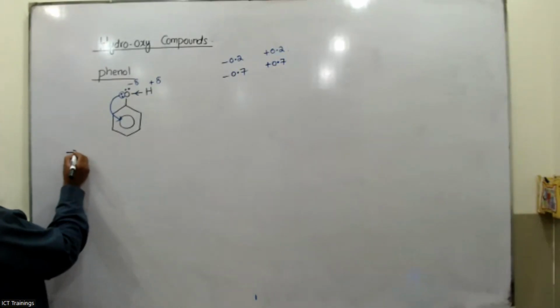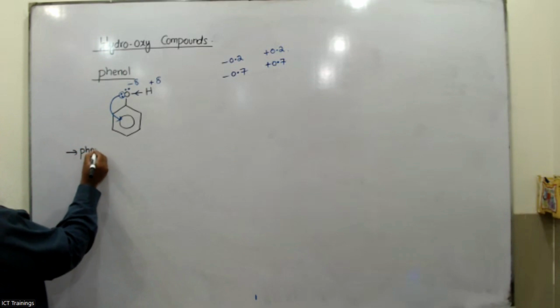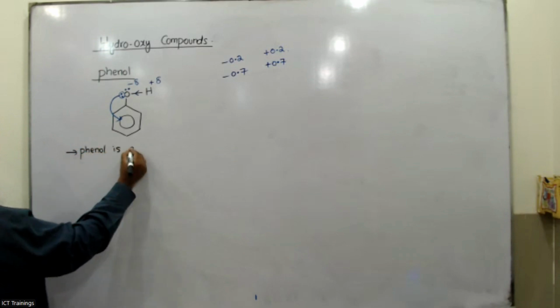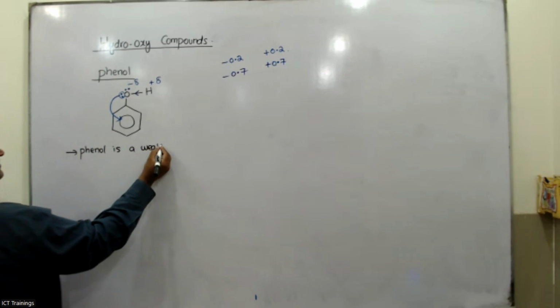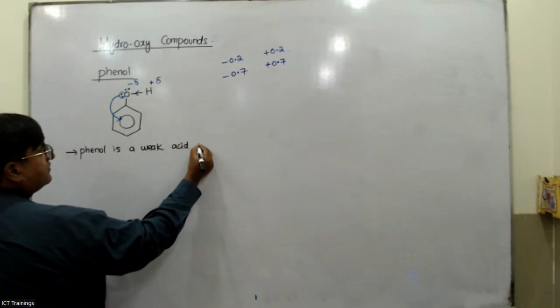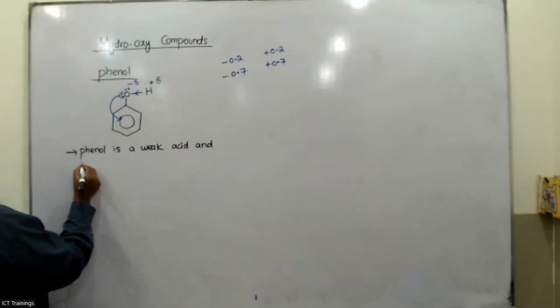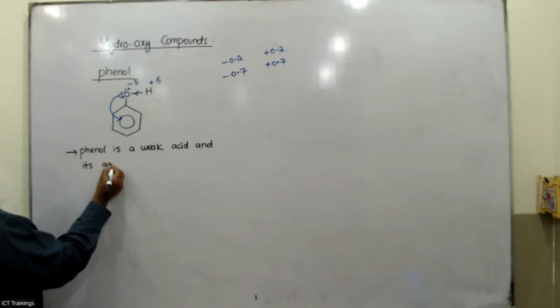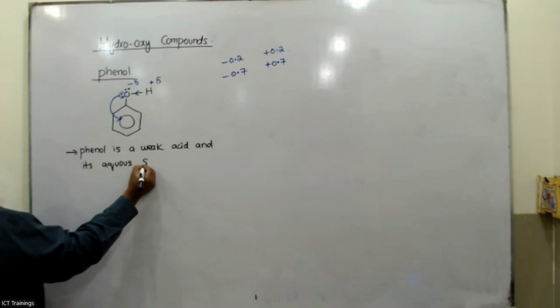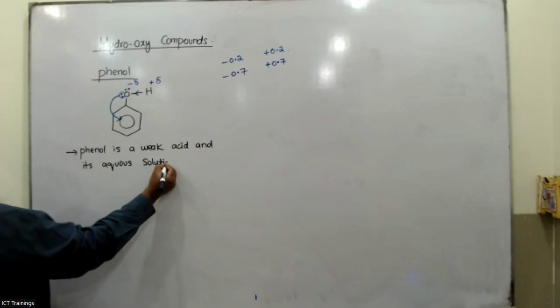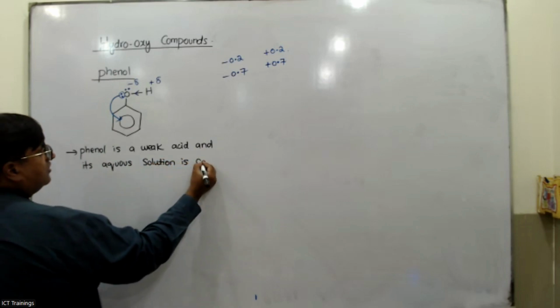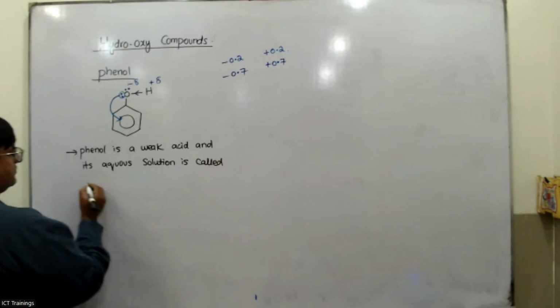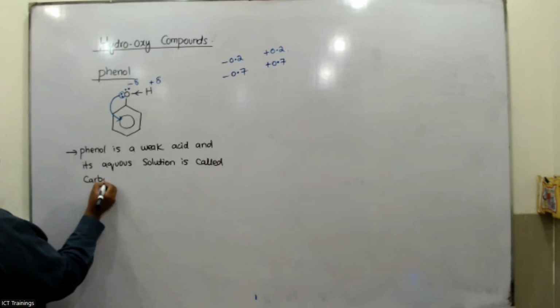Phenol is a weak acid and its aqueous solution is called carbolic acid.